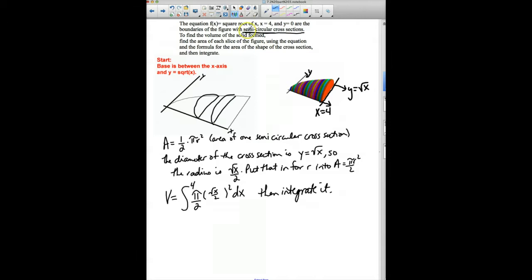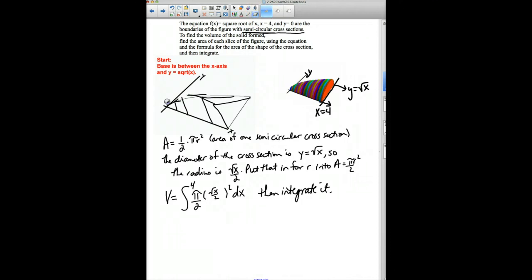If they had said rectangular cross sections, then instead of semicircles we would have rectangles sticking up out of this. So they would go like that, and it would tell us like the height of the rectangle or something. Or if it said triangular cross sections, our triangles would come up and stick up out of this region and would follow whatever shape we have going on here.